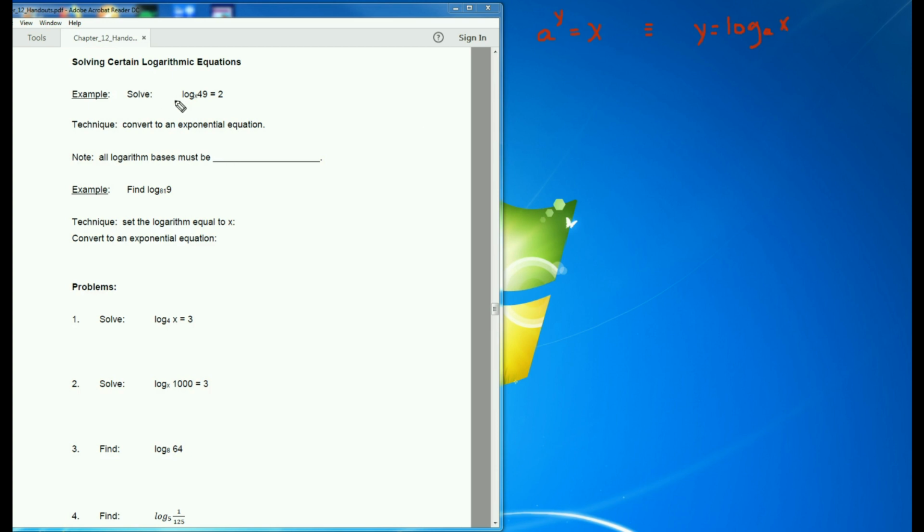All right, so for example, for the first one, log base x of 49 equals 2, and we want to solve for x. X equals what? All right, well, let's come over here and write down what we've got. So we've got 2 equals log base x of 49.